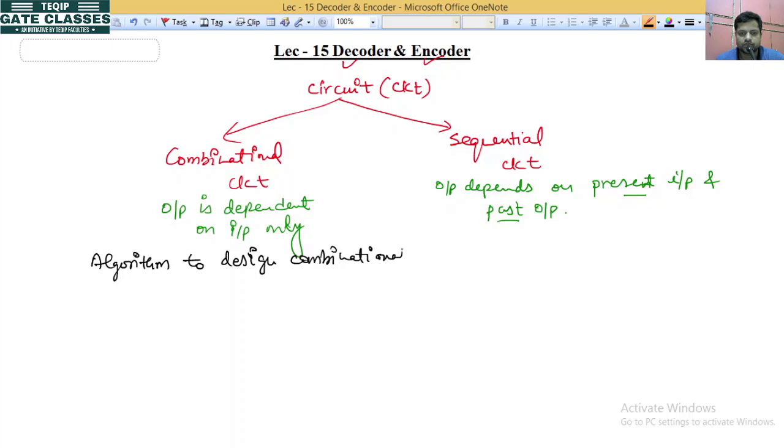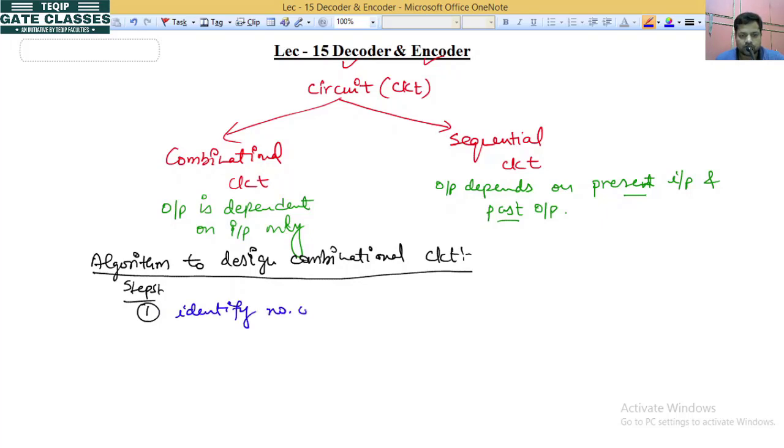We have some steps here. The first step is to identify the number of inputs and the number of outputs present.